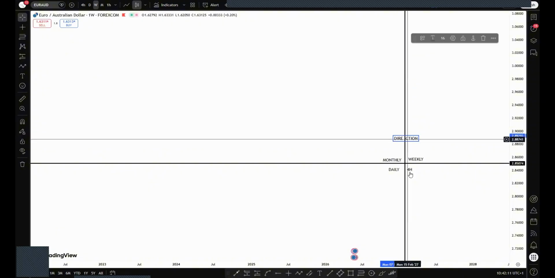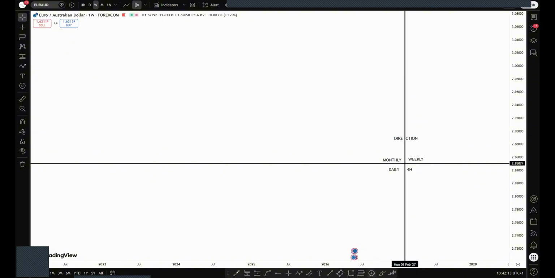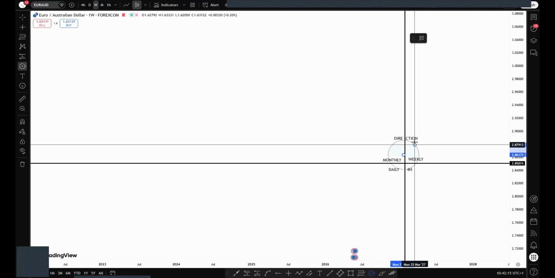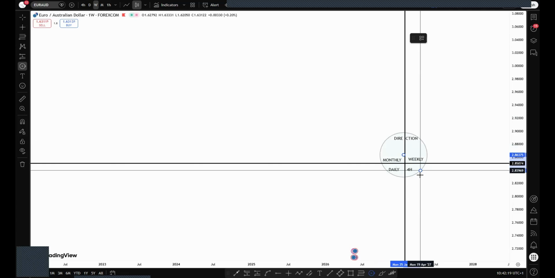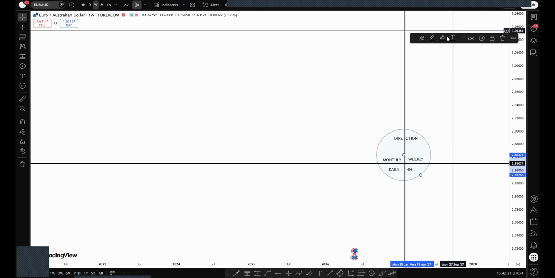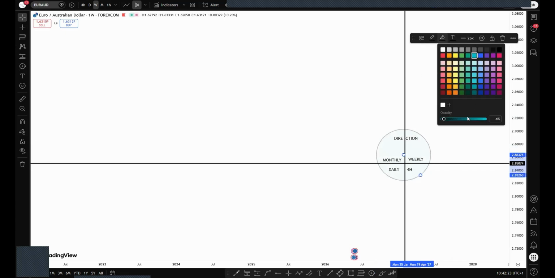Okay. So the main topic is direction, and that direction is determined with these four time frames here.